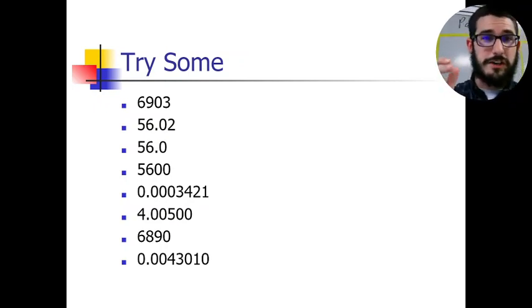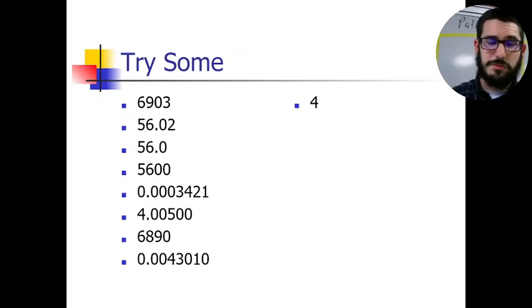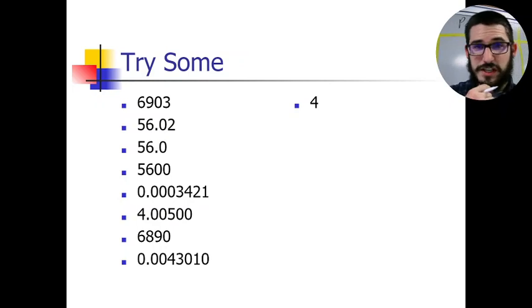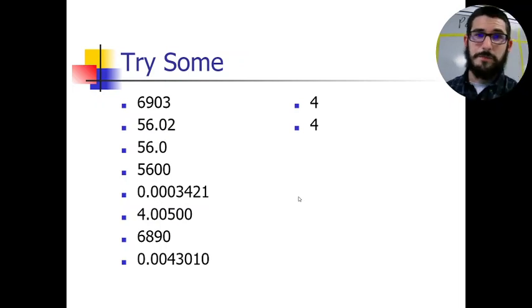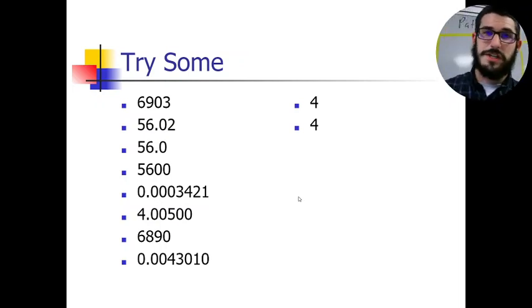Okay, welcome back. You've got 6,903. Again, that's 4. 56.02, that decimal is present, so you find the leftmost, the Pacific-most digit, which is the 5. 5, 6, 0, and 2 are all significant, so that is 4. Then 56.0, there is a decimal, so that 0 is going to count.